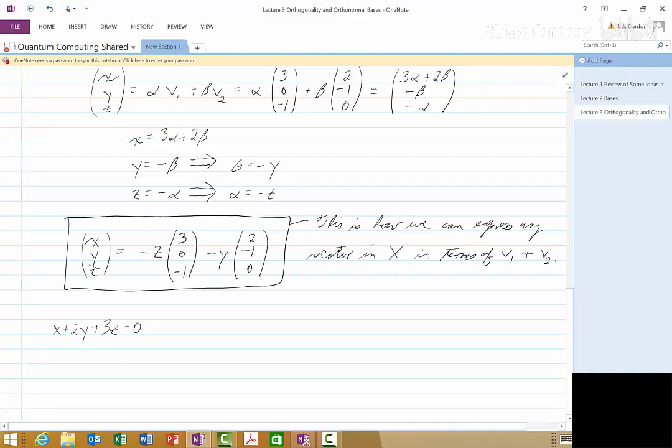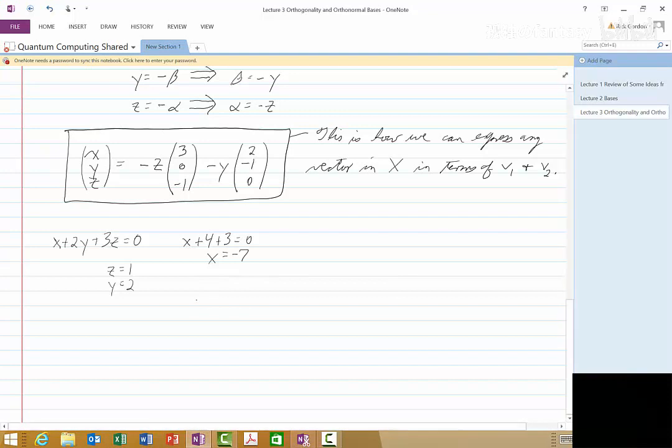So let's pick z equal to 1 and y equal to 2. If we pick that, then this equation would say x plus 4 plus 3 is equal to 0. So that would mean that x is negative 7.